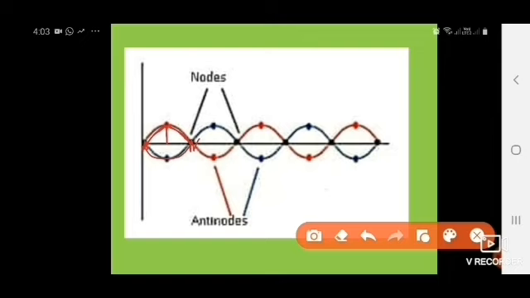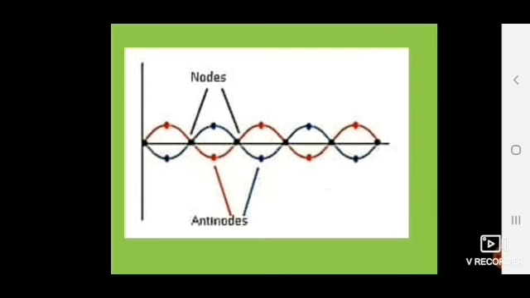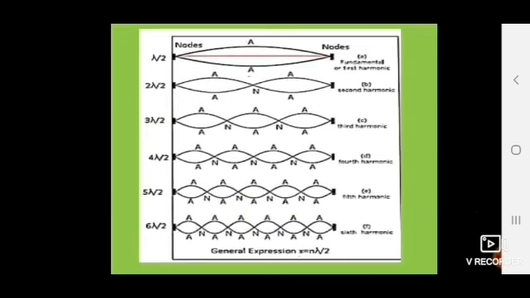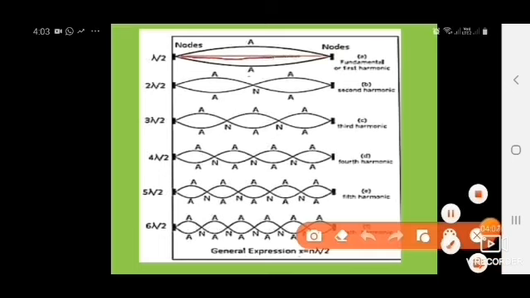So students, here is the general expression for the normal modes of vibration of a string stretched under tension. This is the string having length L, fixed at both ends. When it is stretched under tension, the string is excited by plucking or striking.